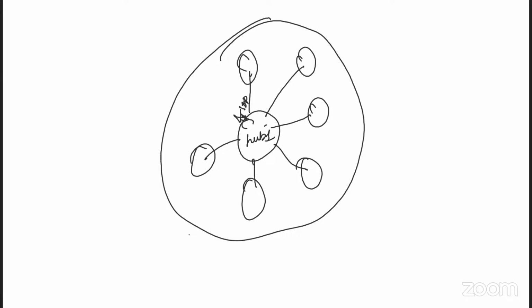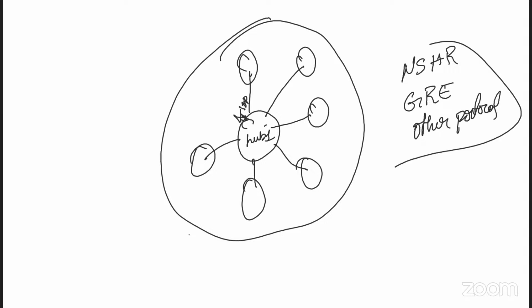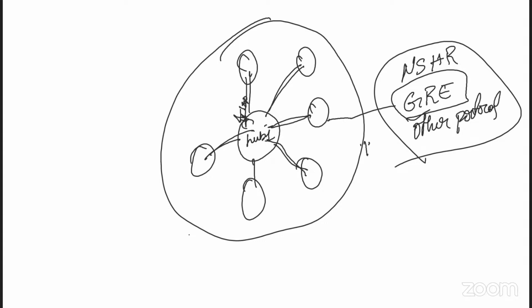Here there are multiple things. One is NHRP, GRE and other protocols. By using these protocols, this VPN will be established. GRE is Generic Routing Encapsulation protocol. By using this, phase one will be enabled.